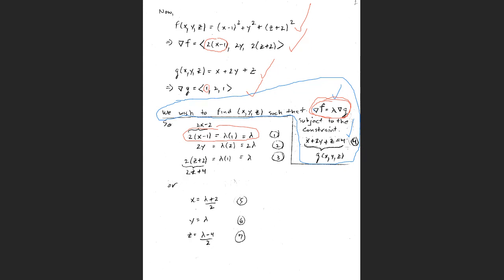Similarly, the y component of the gradient of f is going to equal lambda times the y component of the gradient of g. So 2y would equal lambda times 2. Finally, the z component of the gradient of f is going to equal lambda times the z component of the gradient of g.